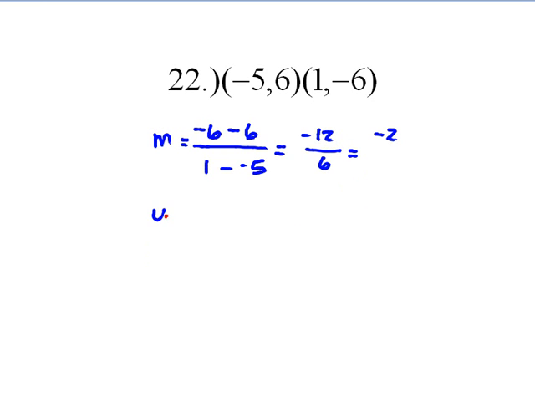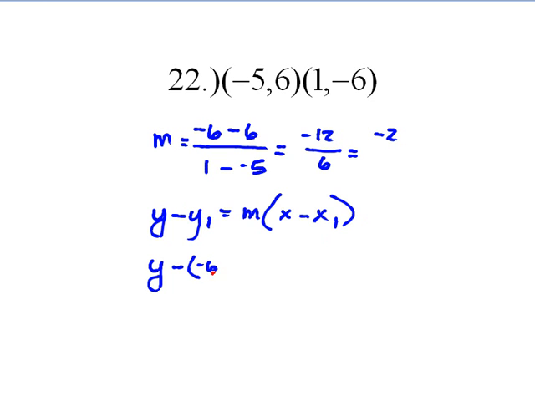Okay, so we've got our slope. Now let's go to our point slope formula. We'll write it out one more time. Okay, now let's get our numbers in there. M was negative 2. We got that from here. x minus a negative 5.